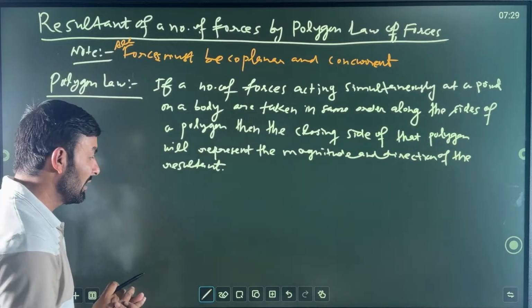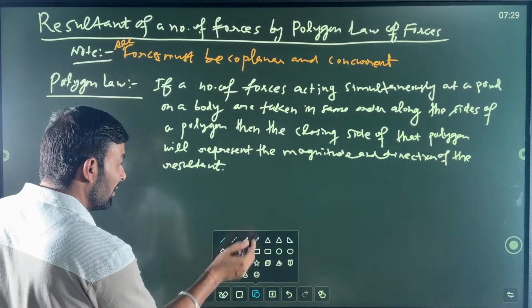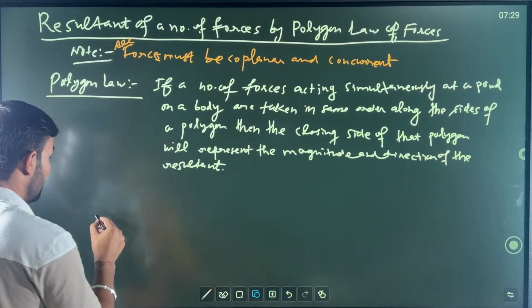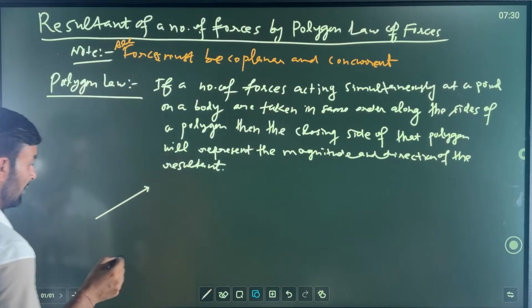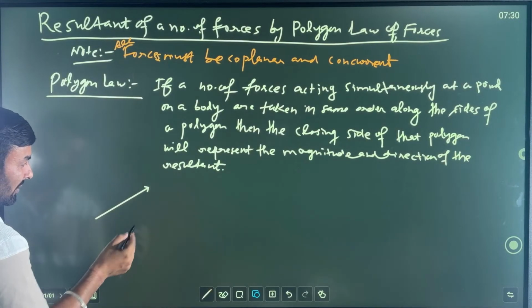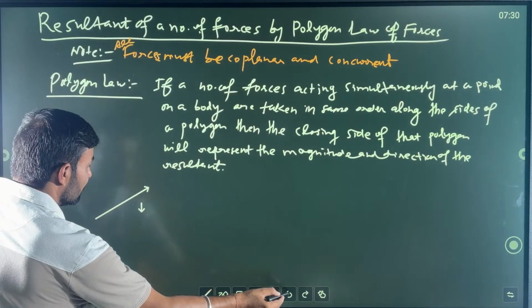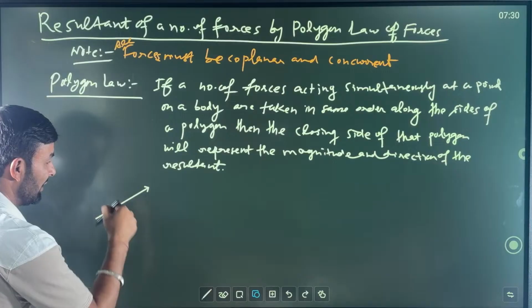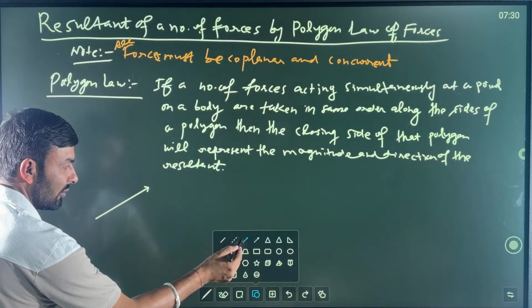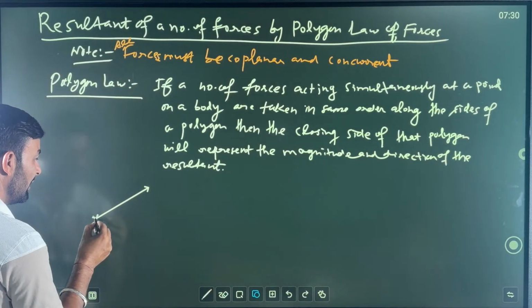So this is polygon law. For example, my dear friends, now I am taking one force, this one as P1. So let me take first some arrows, okay? Then we will name this.